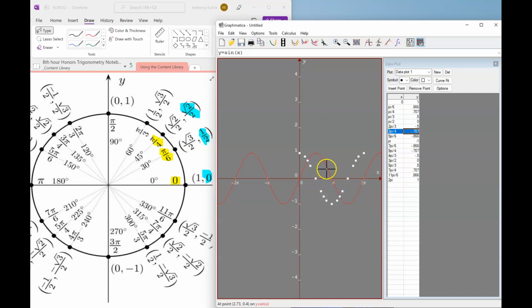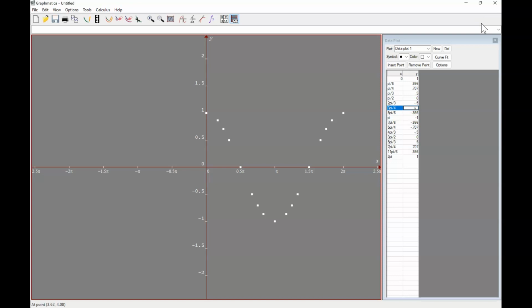Okay, let's get this out of the way. So there's my cosine graph, right? Everybody's okay with that? And everything that we observed about the sine graph, how it's going to repeat over and over and over again, is true for the cosine graph.